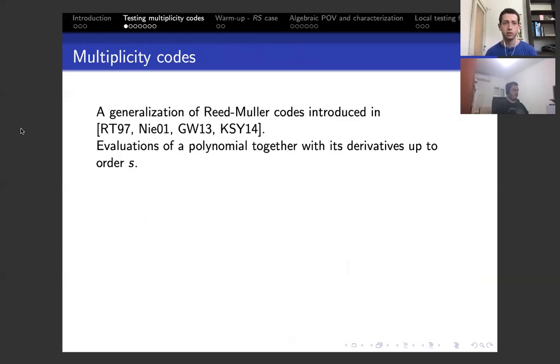What are multiplicity codes? Multiplicity codes are a generalization of Reed-Muller codes, which contain not only the values of the polynomial, but also the value of its derivatives up to a certain order, where we have a bound on this order, which we call s.